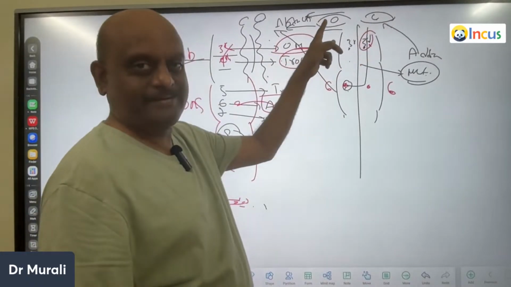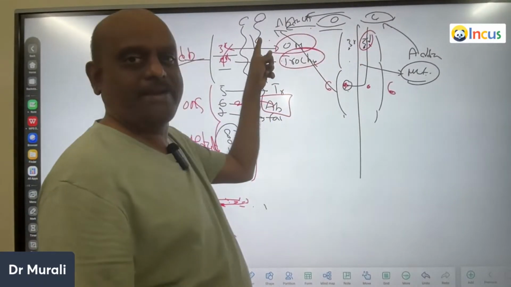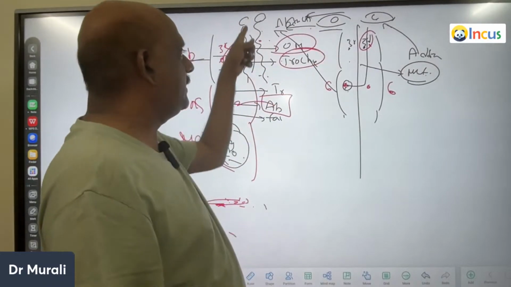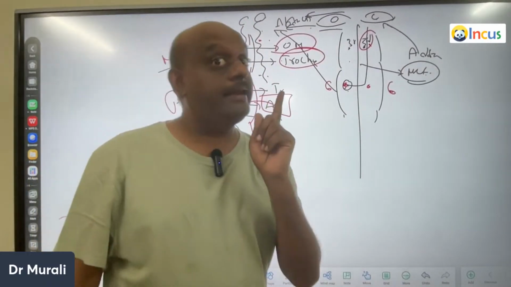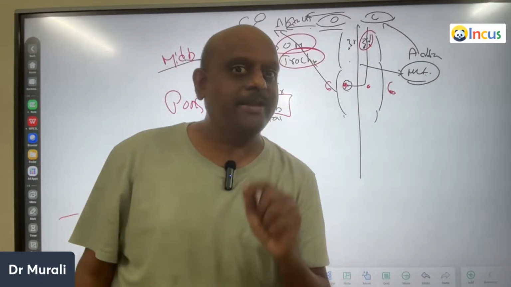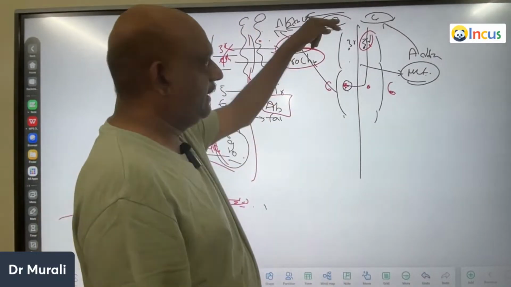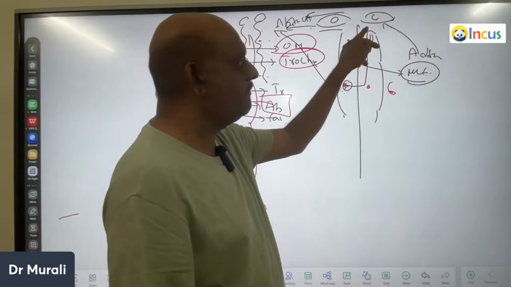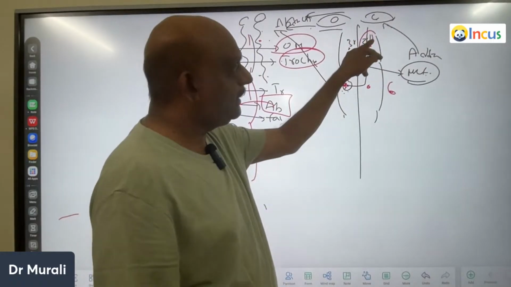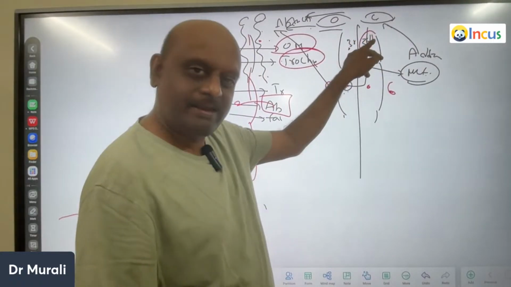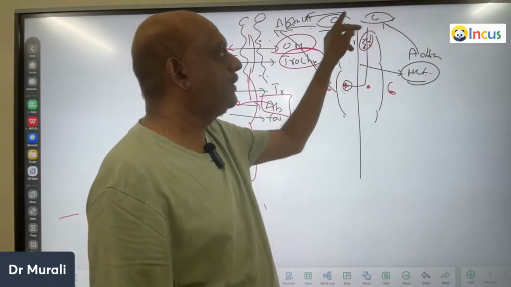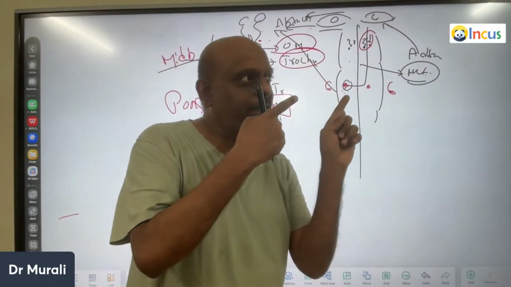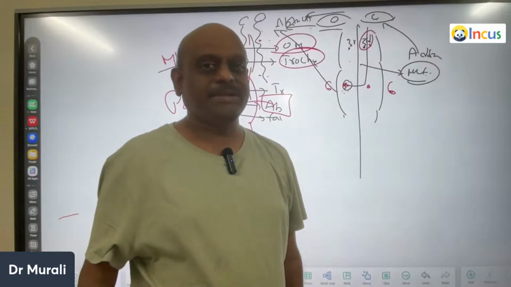That means to adduct, while this eye is abducting. Who will tell? First this eye has seen this person, then it is abducting. Whenever it is abducting, the abducens will pass that information using the MLF to the other side's third cranial nerve and make it also adduct. That's the reason you will have a conjugate gaze.